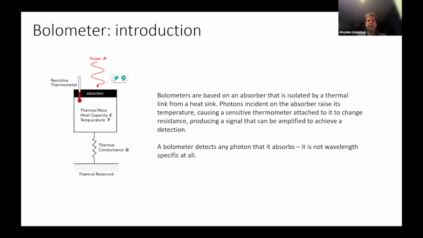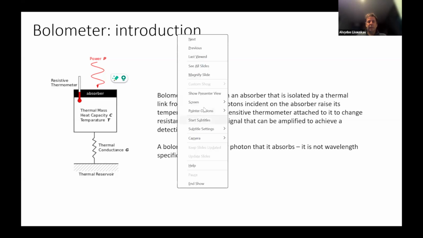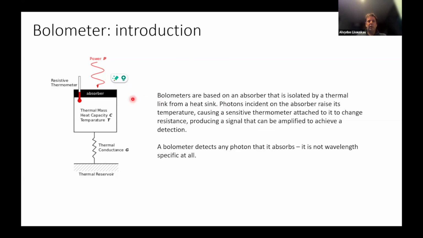As an example, a resistive thermometer is a very special case. In this very general case, a bolometer detects any photon it absorbs.